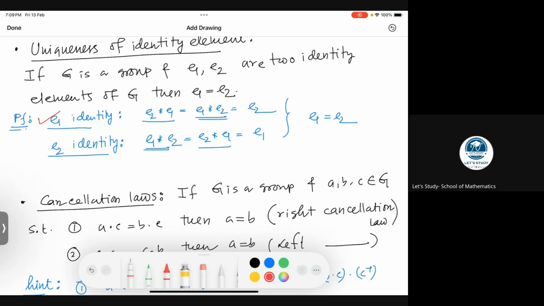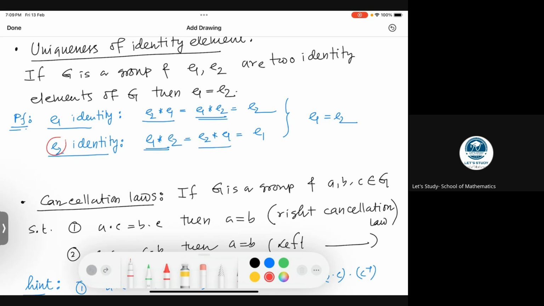Then E2 star E1 and E1 star E2 is equal to E2, because E1 is the identity element. Similarly, since E2 is the identity element, E1 star E2 and E2 star E1 is equal to E1, because in the second case I take E2 as identity.